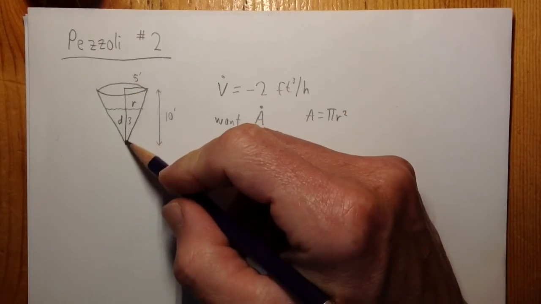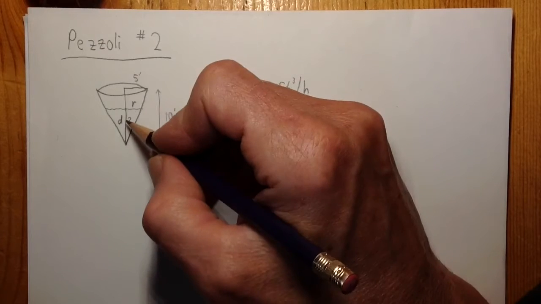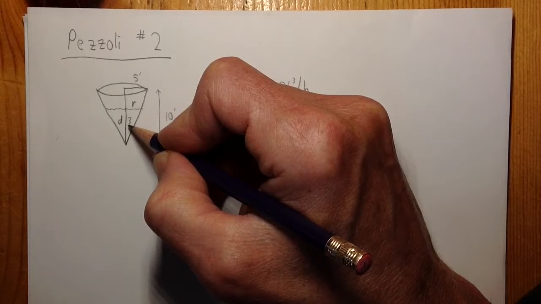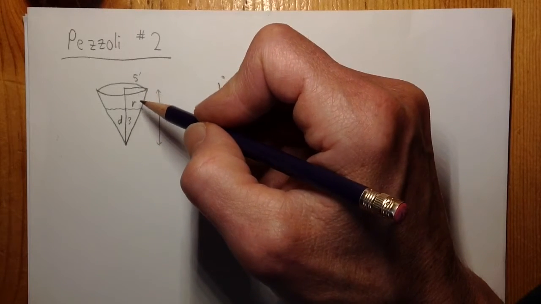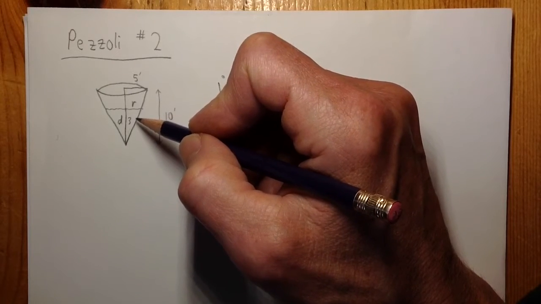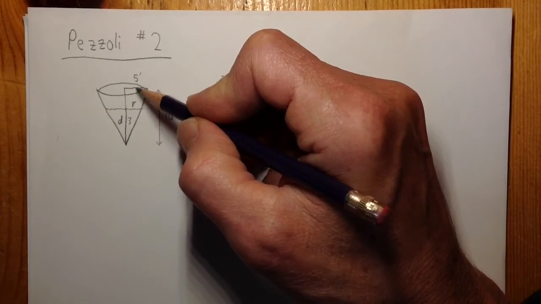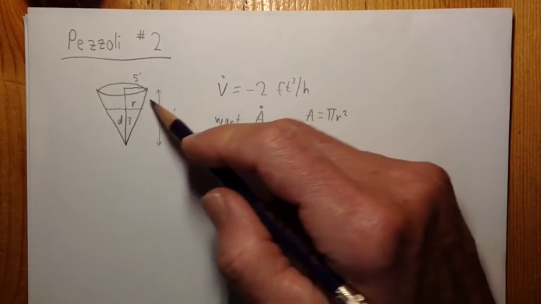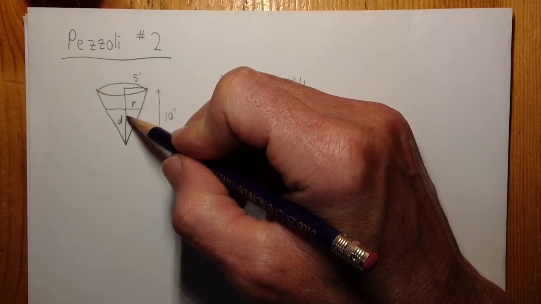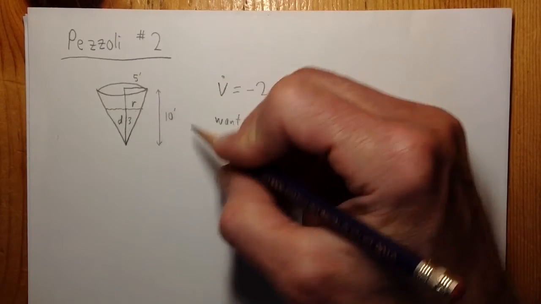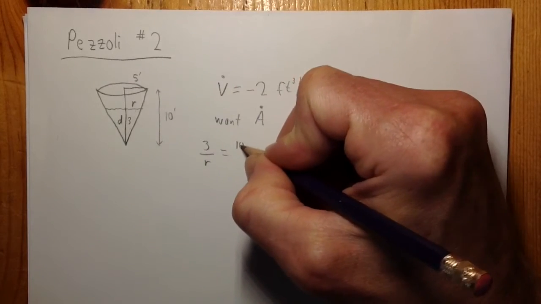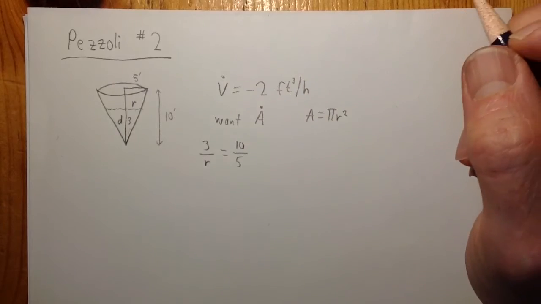So we can do our similar triangles. The little triangle, which is actually the water one, the depth is 3, and we don't know the radius, so that's what we got to figure out. All we know is when the depth is 3 feet, but we know the ratio of this thing is 5 to 10. We can just do it this way, right? 3 is to r as the big side, as 10 is to 5.